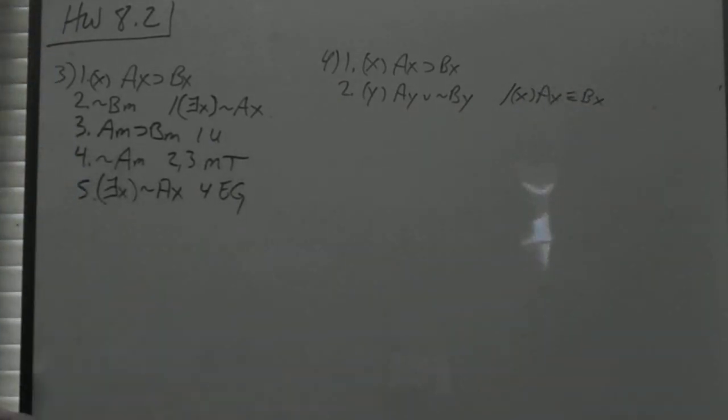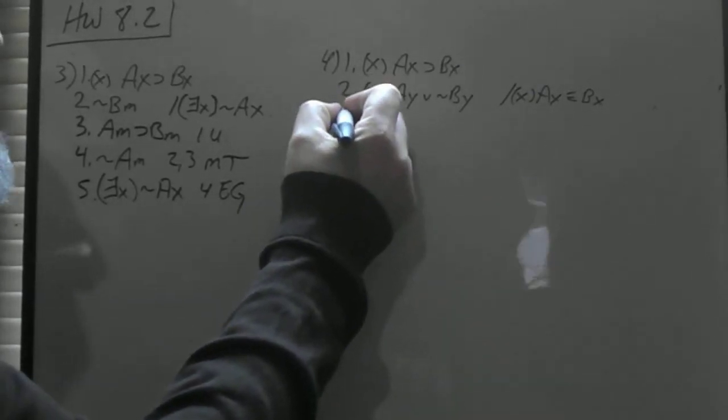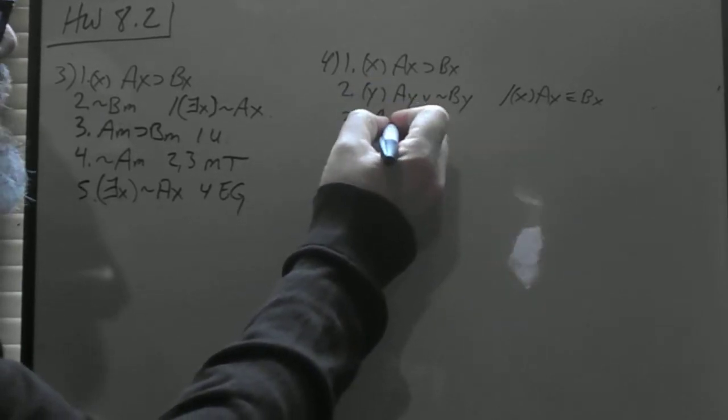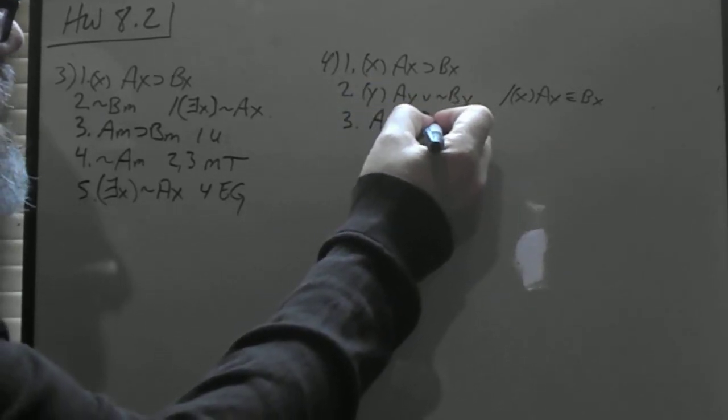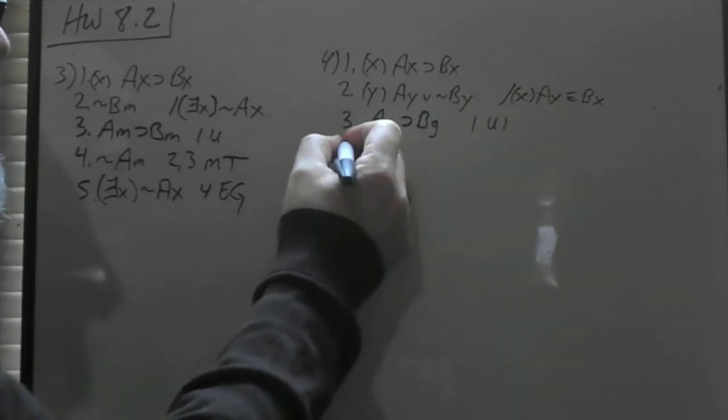Okay. So here's another one of those where they're trying to trick you by having the x and y both being used, but again, just replace them with the same letter and you should be fine. So whatever you want to use, I'm going to use, I think, G this time. So on line 3, we'll replace the first one here. We'll make that if AG then BG from line 1 through universal instantiation.